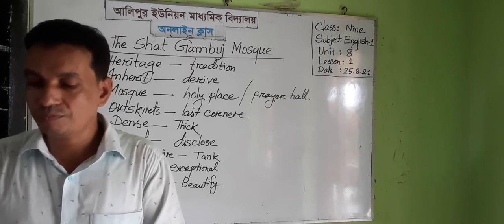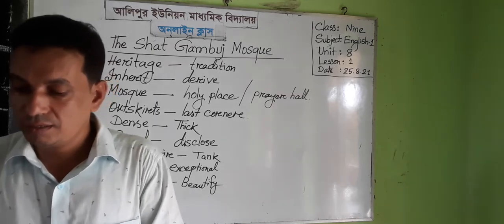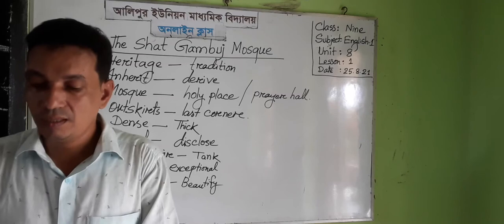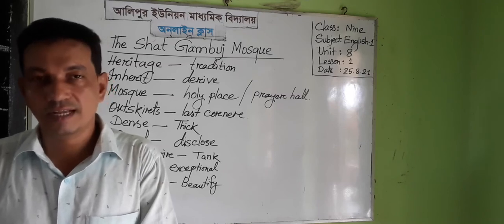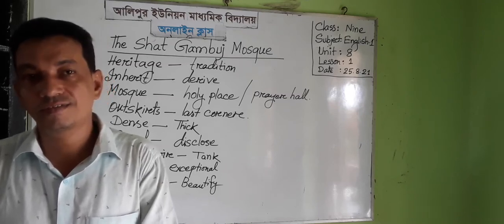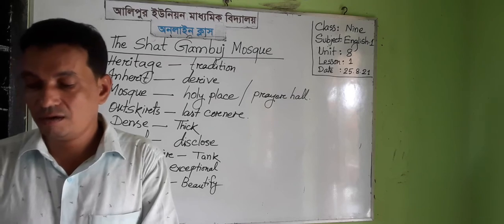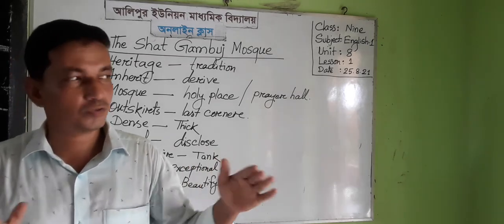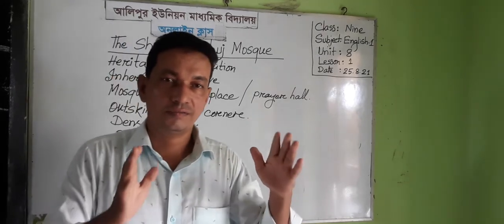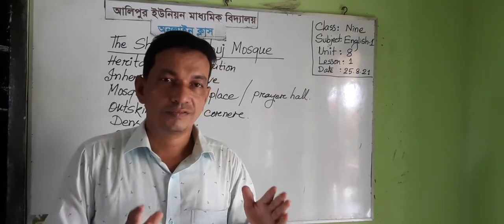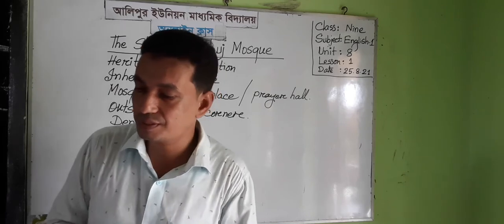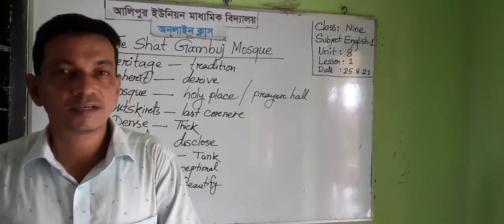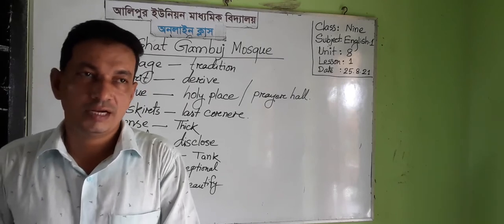And we also know that there are 11 deep cuts between the slender stone columns, and the thickness of the arches is 6 feet. That means the wall is actually 6 feet thick.